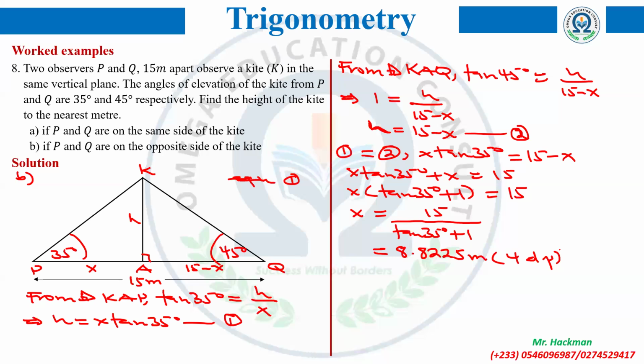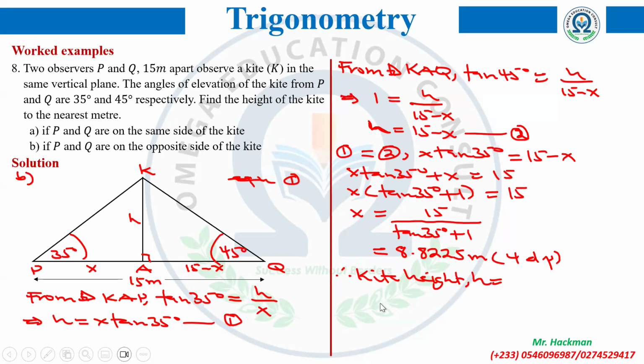Now that we know x, we can go and find H, which is representing the kite height. H will be equal to, remember we said it is 15 minus x. I can confidently say that this is prettier than the other, because it doesn't involve any trig ratio.